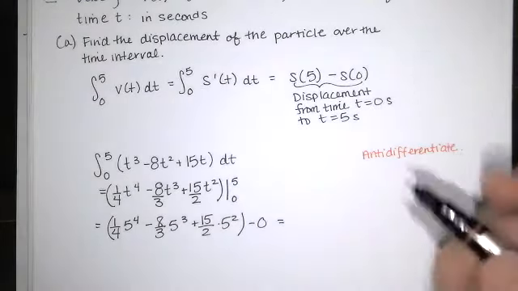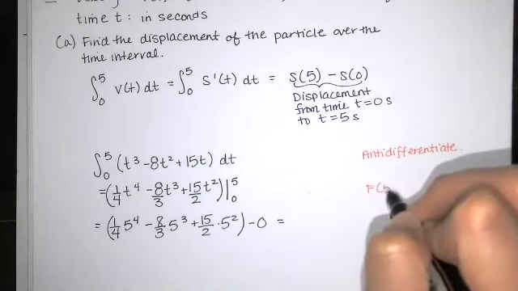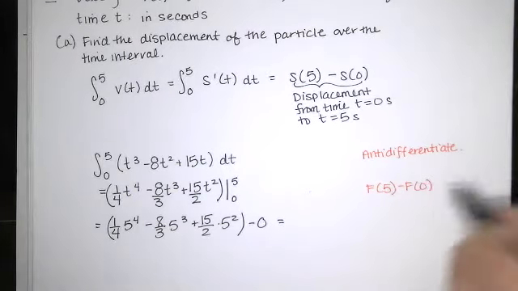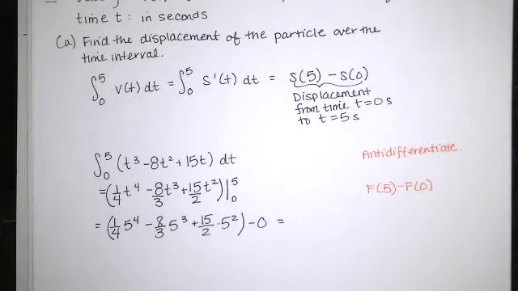So we anti-differentiated, and then we evaluate f of 5 and f of 0 and subtract. And then we simplify.